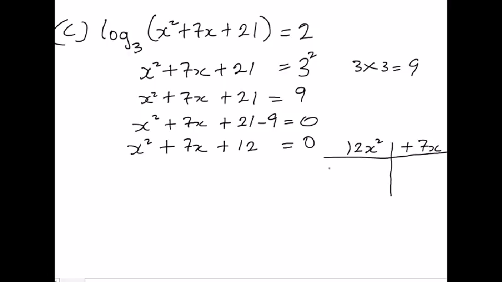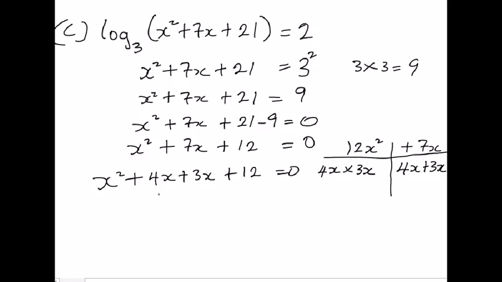So we can use 4x multiplied by 3x. And when we add them together, that is 4x plus 3x will give us 7x. We can now use the numbers: x squared plus 4x plus 3x plus 12 equals 0.